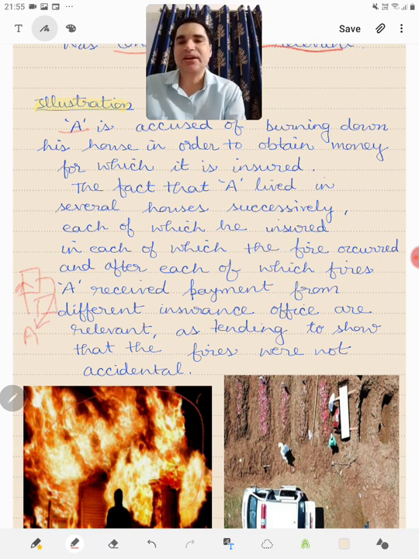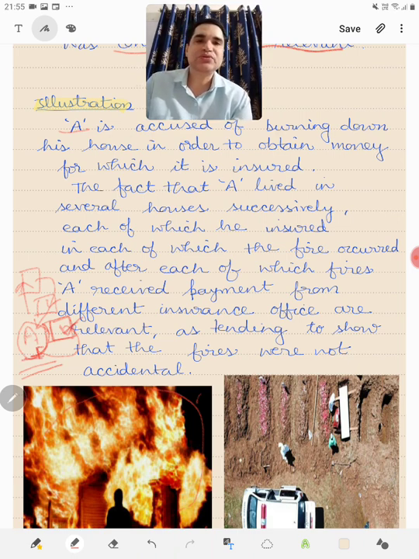Thereafter, again, A bought another house, he insured it, that house got fired and A got insurance money for it. And again, A bought another house, that house also got insured, then that house also got fired and A got the money. Then all this will show that most probably it is the intentional act of A and not an accidental act.